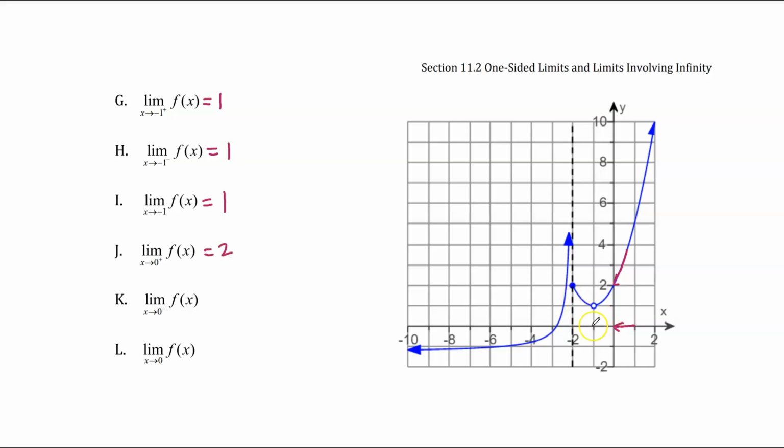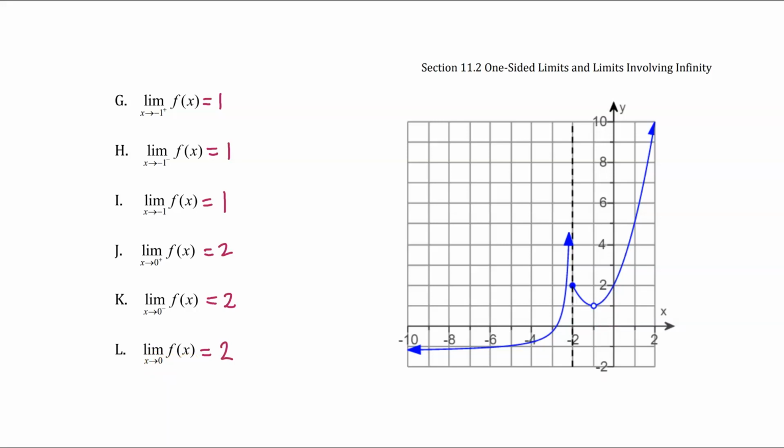Similarly, if you get the limit of the function as x approaches 0 from the left, your function values approach this point here, which is also equal to 2. So since the right-hand limit and the left-hand limit are both equal to 2, then we say that the limit of the function as x approaches 0 is equal to 2.